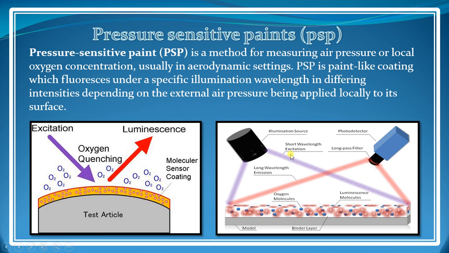Okay, most important thing. And here is the photo detector, that is a long pass filter. This is PSP, and it's giving an output illumination that can be read with the photo detector.